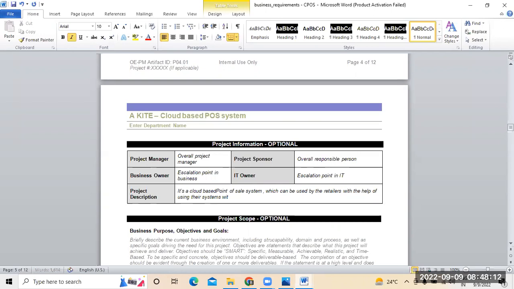Using their systems with a proper internet connection.